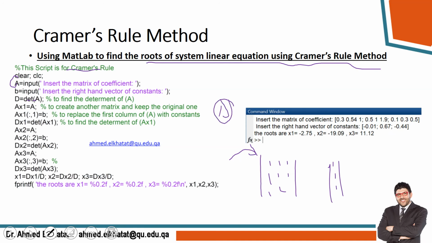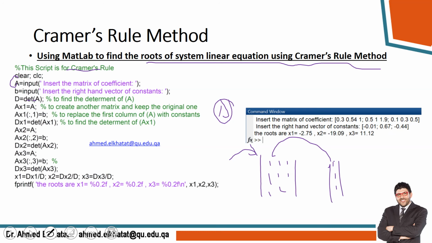Now we want to find the determinant for each of x1, x2, and x3. So here we want to replace the first column, for example for x1, with this. Remember that in matrices we learned how to replace and change the data.